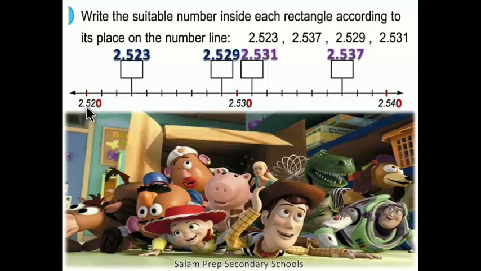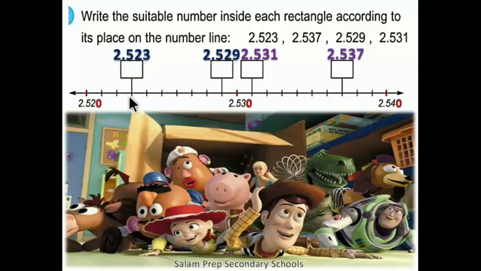After 520 is 521, 522, 523. So we will put, take care, the whole number remains the same, it doesn't change. Okay, so we will put the whole number the same and write 523 thousandths.